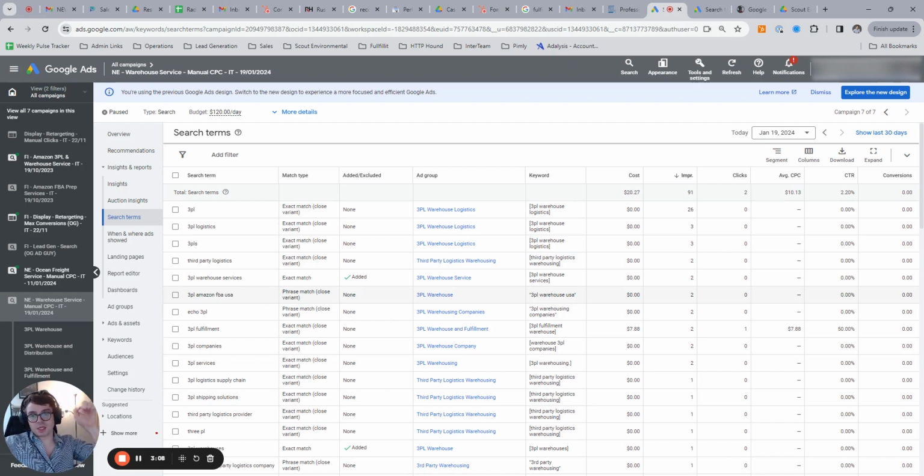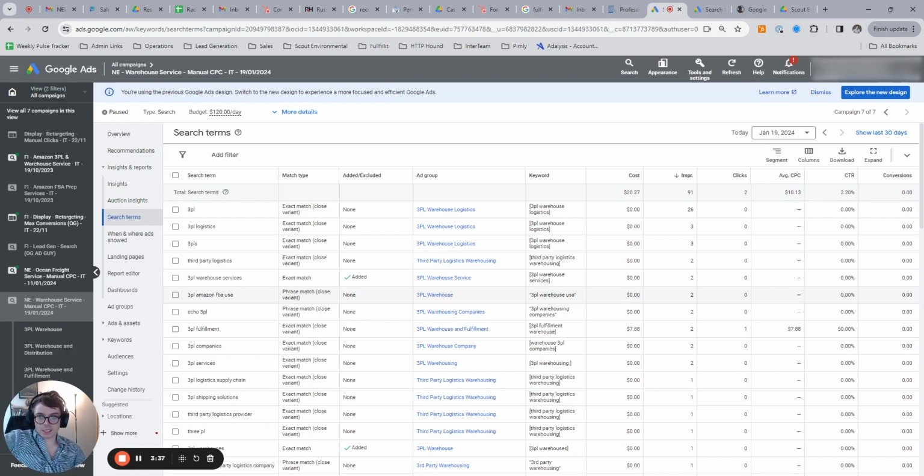The top 3PL warehouse USA, best 3PL warehouse USA. These terms would be included in the targeting for a phrase match keyword. Another thing to keep in mind, phrase match is less expensive on a cost per click basis than exact match. So that can be a reason to use phrase match targeting instead.